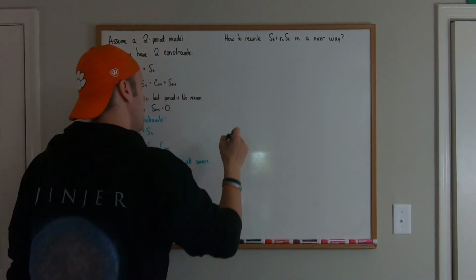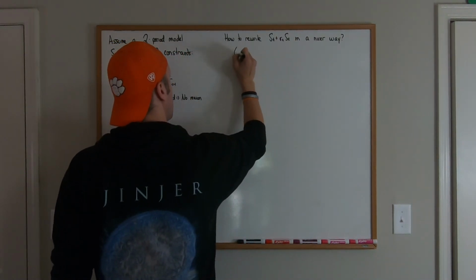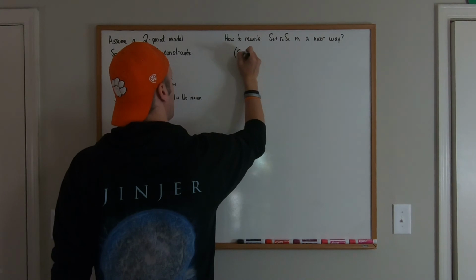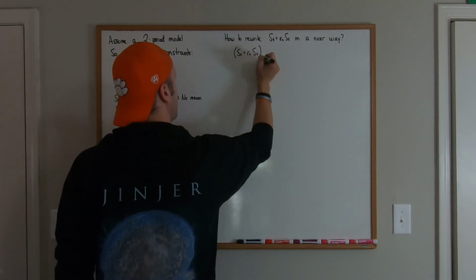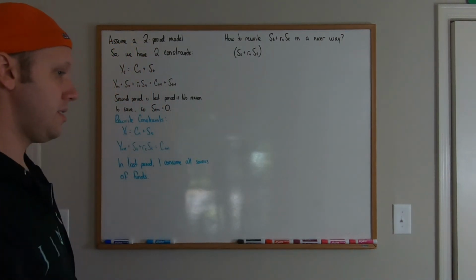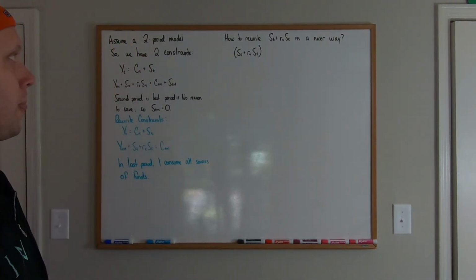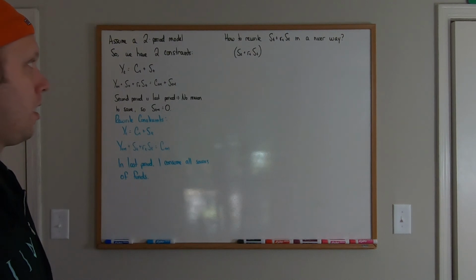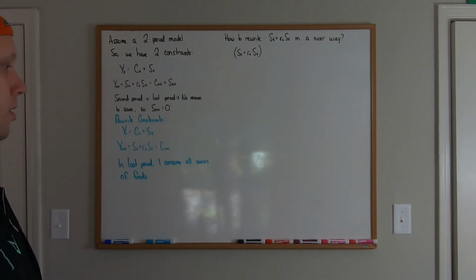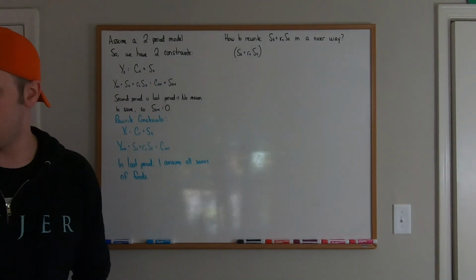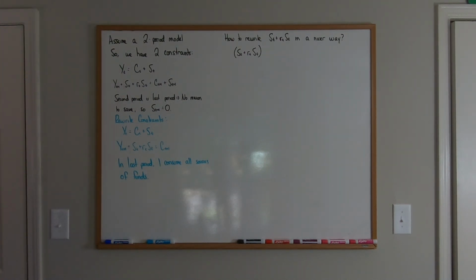Well, I got that: S_t plus r_t times S_t. Is there something in there that shows up in both terms inside those parentheses? The answer is yes, it's savings, S_t. So let's factor out savings.